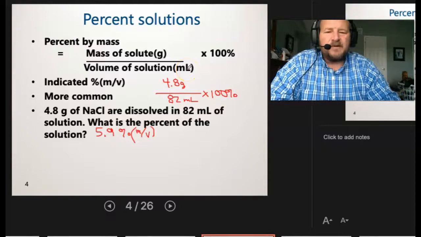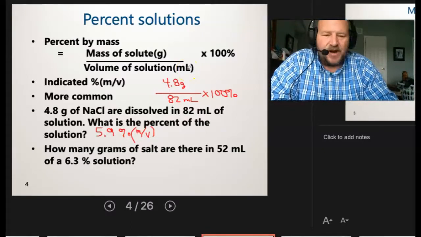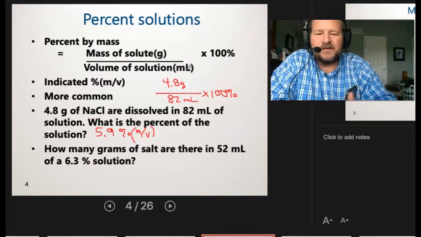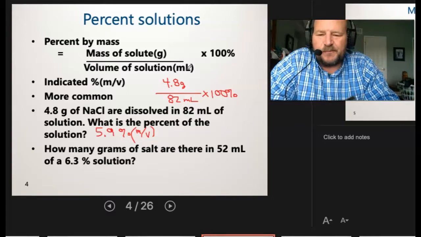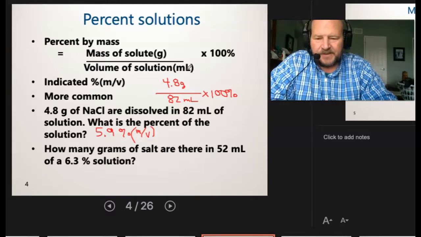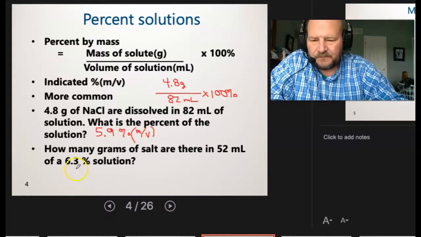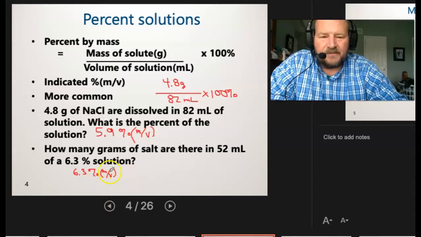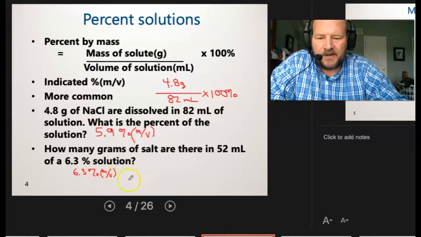Now, the second way we can do these equations is finding how many grams. Sometimes we have to work backwards: how many grams of salt are in 52 milliliters of a 6.3% solution? So now we're going to do that backwards. I'm going to take the 6.3%, M over V, and now instead of multiplying by 100, I'm going to divide by 100.